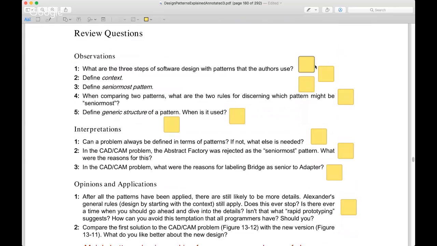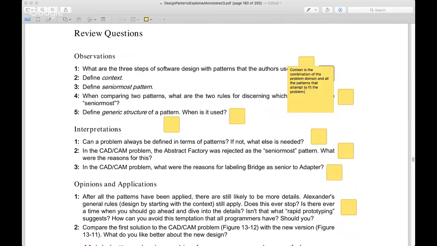What are the 3 steps of software design? Okay, identify the patterns, analyze and apply the patterns, and add the details as needed. Item 2 is a whole set of steps in itself. Define context. I continue to struggle about this.